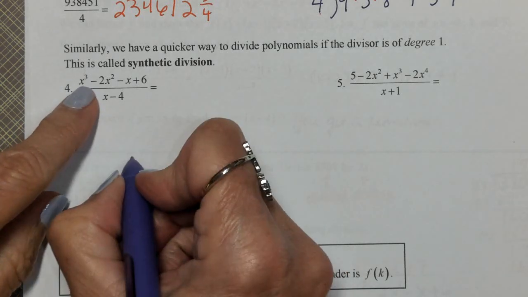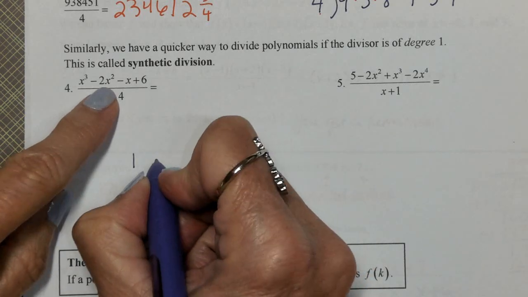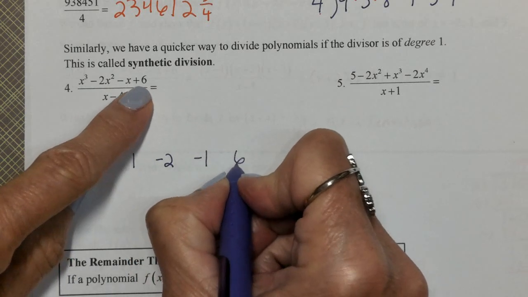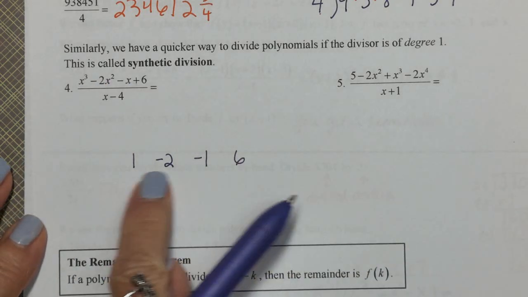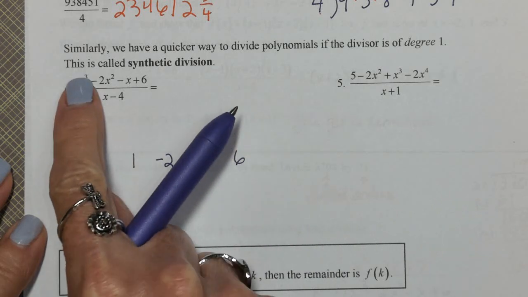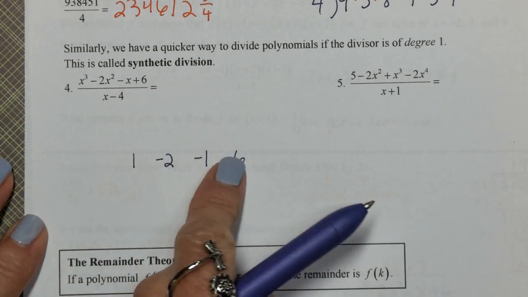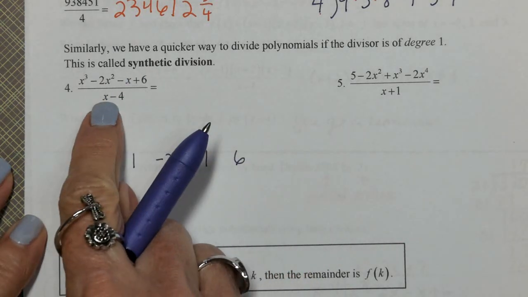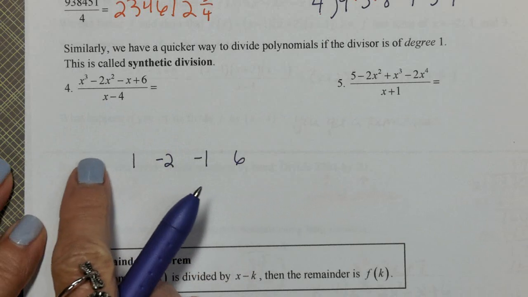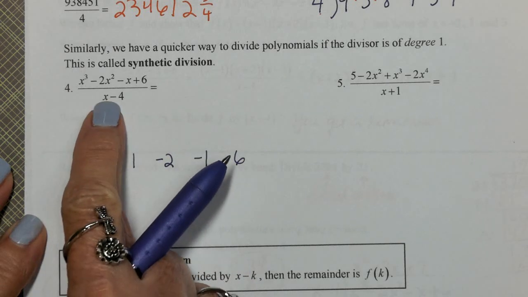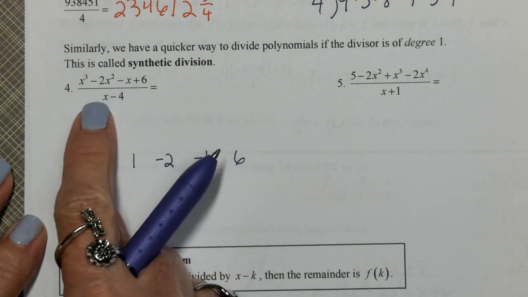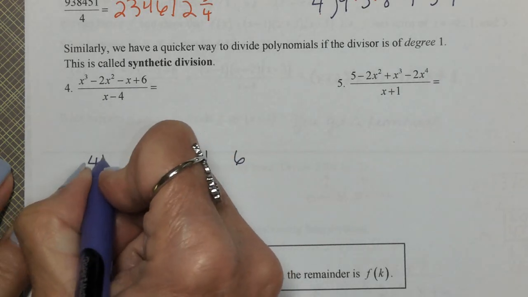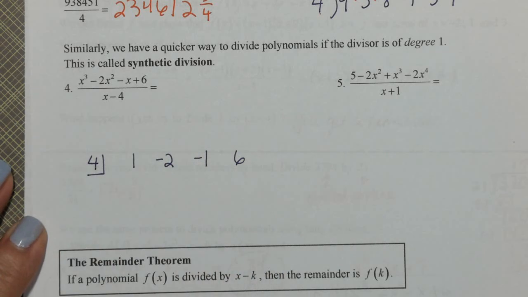So I'm putting a 1 for the x cubed, a -2 for the x squared, a -1 for the x, and a 6 for the constant. If you have 4 numbers here, you should have a cube here, and we do. For the divisor x minus 4, I'm going to put the value of x that makes this 0, that's what you put over here in synthetic division.